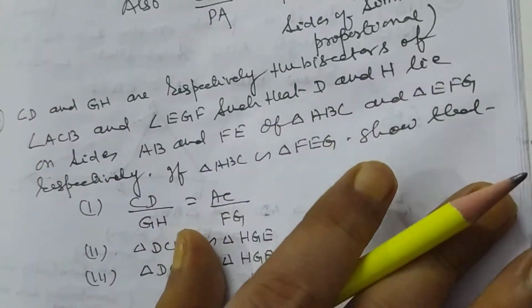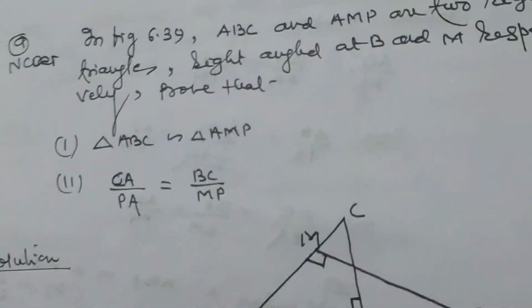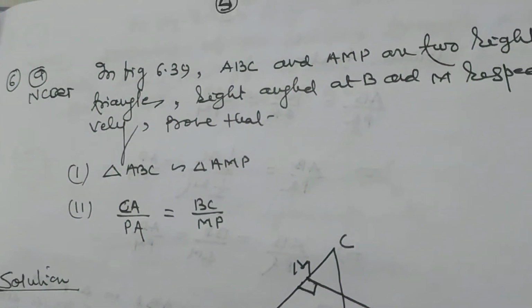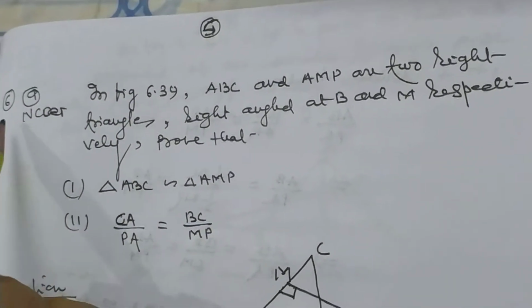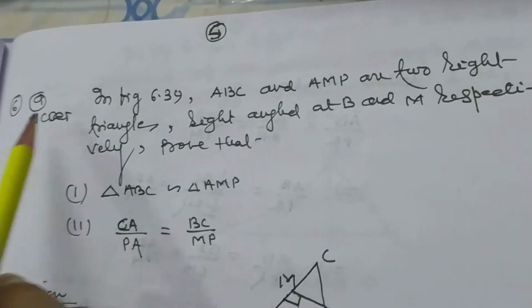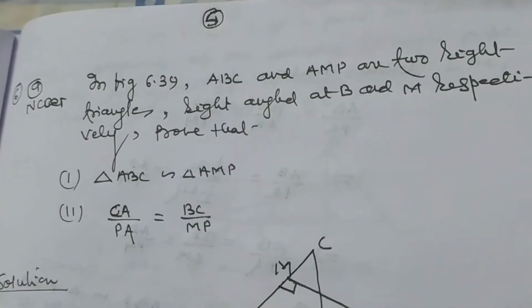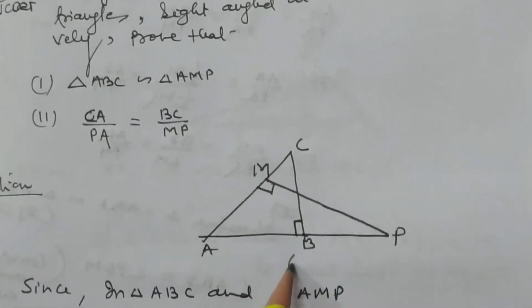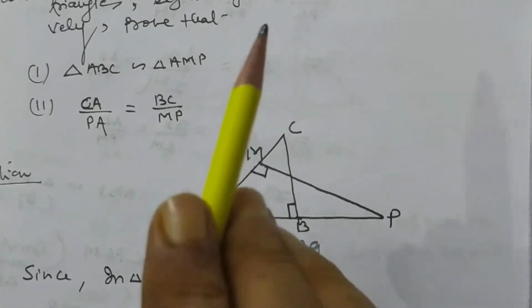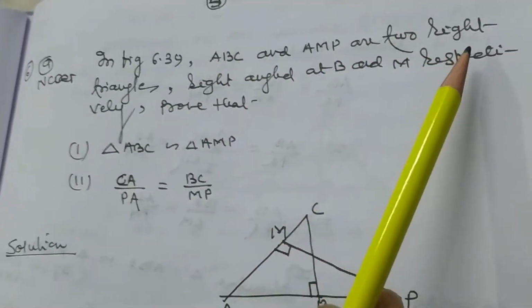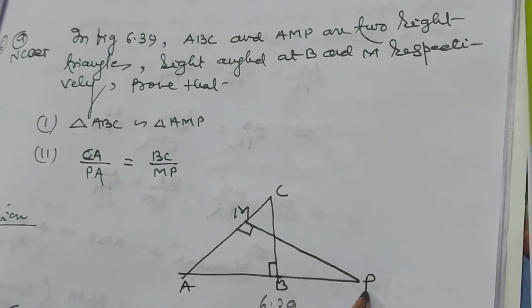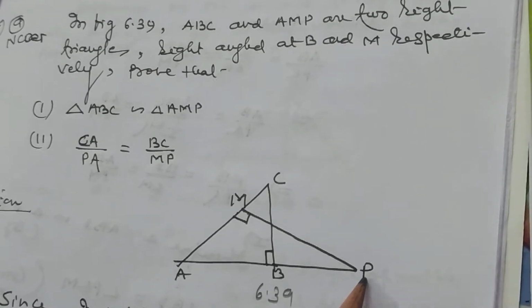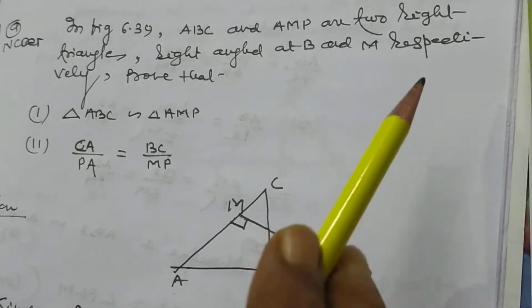So my dear students, now I want to solve problem number 9 of this book of NCERT, and study material problem number 6. In figure 6.39, ABC and AMP are two right angle triangles, right angled at B and M respectively.